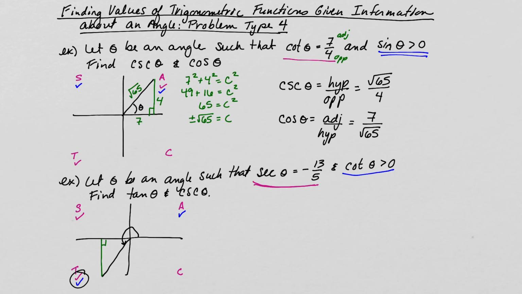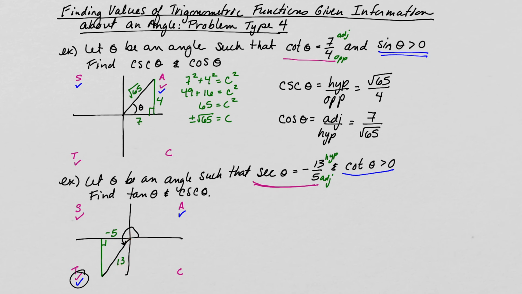And secant, right, is hypotenuse over adjacent. So in this case, that's going to be the hypotenuse, so 13, and the adjacent is 5. And then I have to check to make sure my signs are correct. Here, we're on that negative side, so I need a negative sign. And then 13 is the hypotenuse, so that should be positive, and it is.